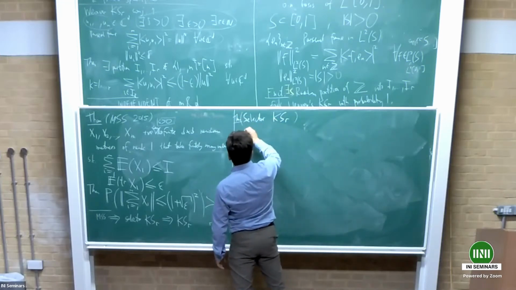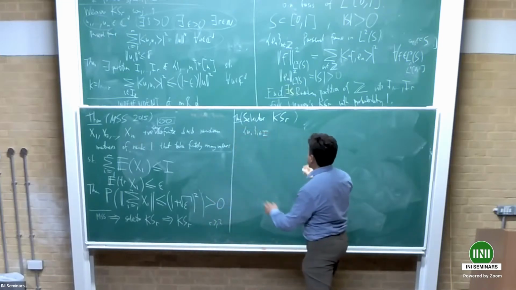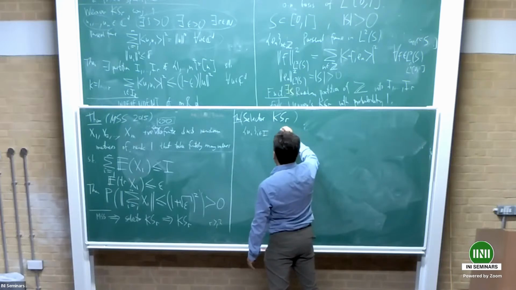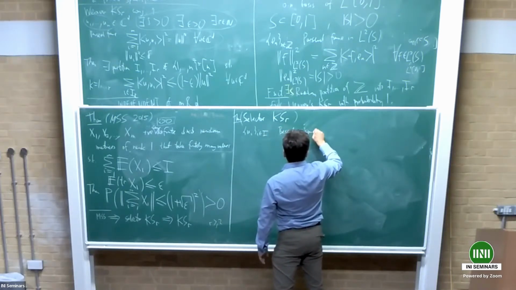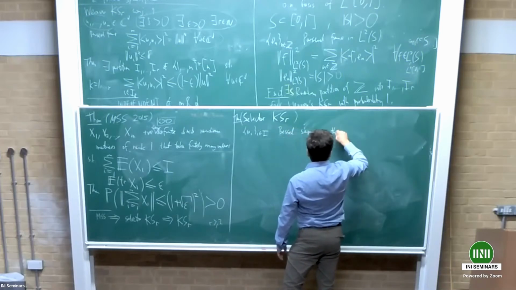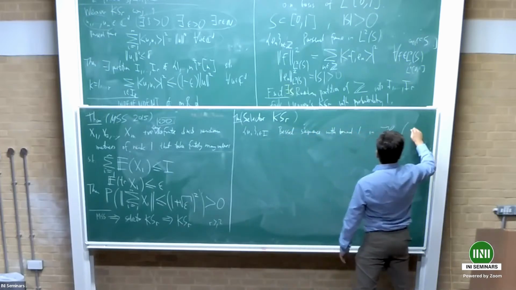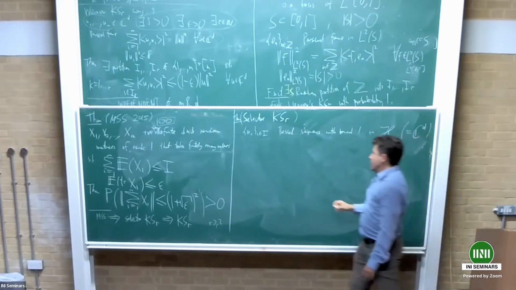Suppose u_i, and here I'll be really general, so my collection of vectors can be arbitrary. Suppose this is a Bessel sequence with bound 1 in some Hilbert space H. Maybe think of the Hilbert space as C^d, but it really doesn't matter.